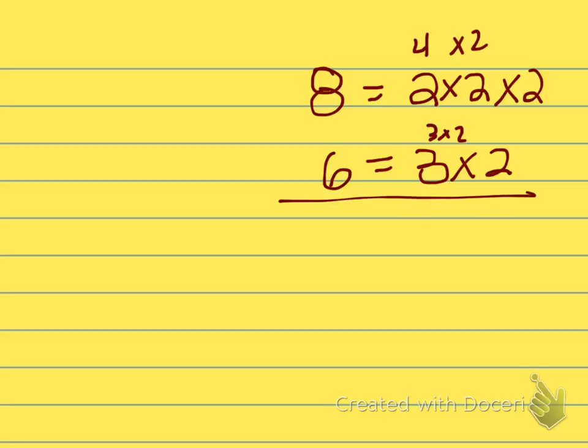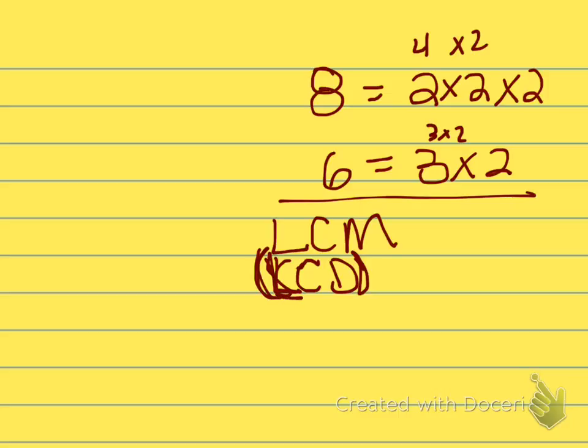Now to find our least common multiple, which is also our least common denominator, you're going to find whichever one of these numbers we have in both of them. We have 2's in both of them and 3's in both. We're going to find whichever one happens the most times.